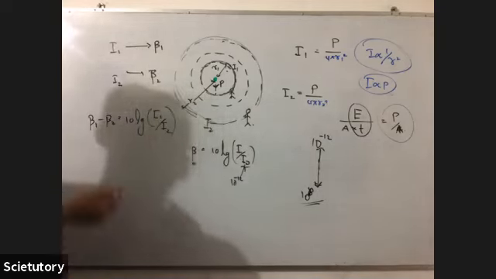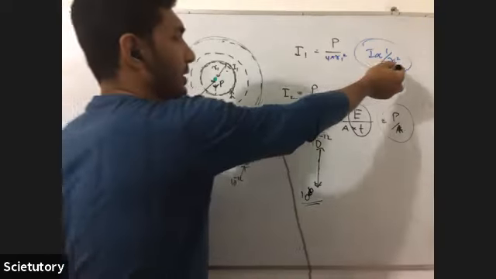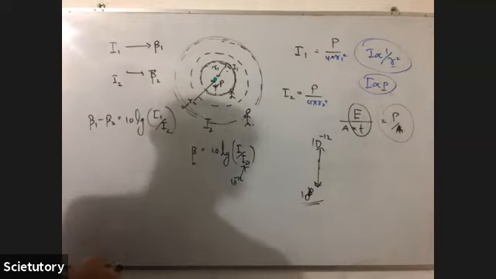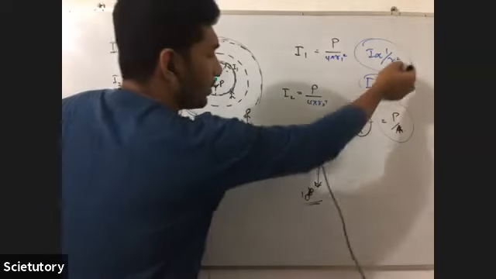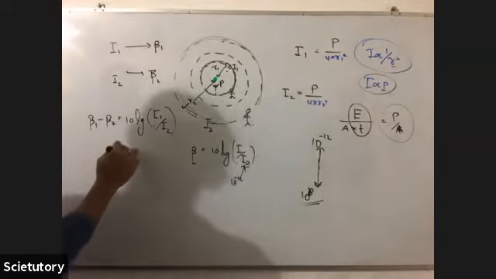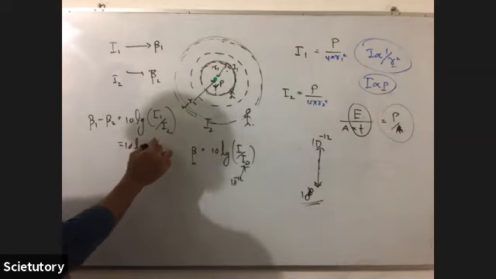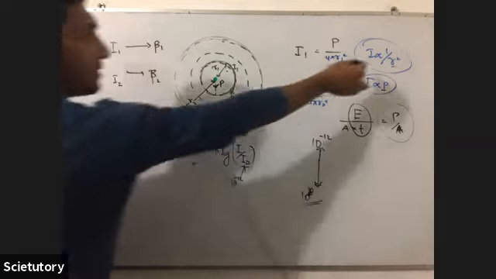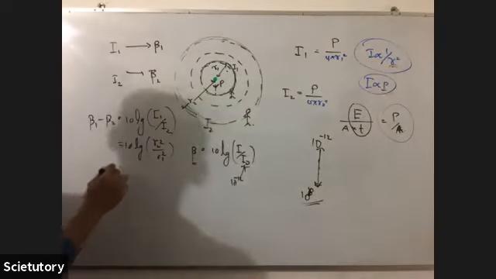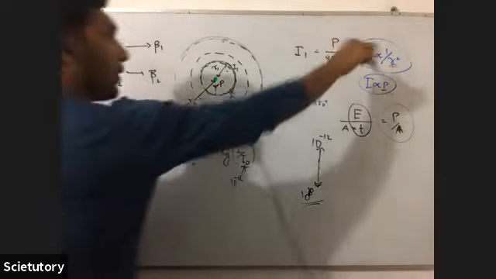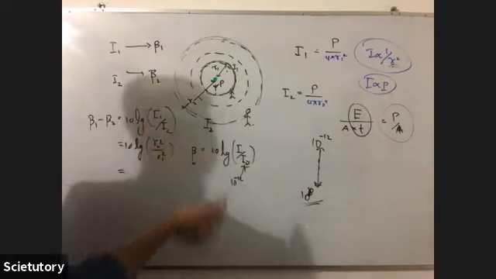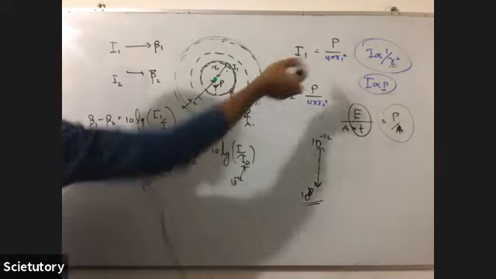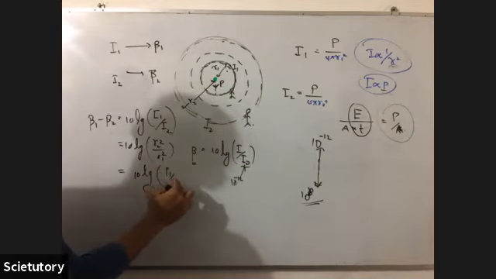But you know that I is related to the distance and power like this, so you can derive equations in relation to distance and power. So 10 log R2 squared over R1 squared. It's the other way because it's inversely proportional: directly proportional to 1 over R squared, or inversely proportional to R squared. And 10 log P1 over P2 in relation to power.